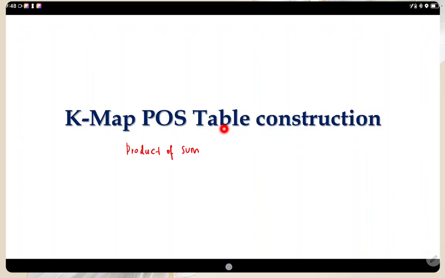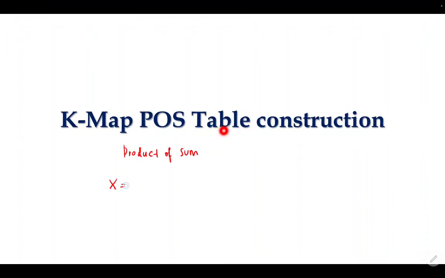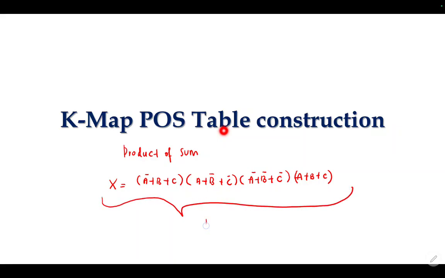So example for product of sum is X equals A bar plus B plus C, times A plus B bar plus C bar, times A plus B bar plus C bar, times A plus B plus C. So this is example for POS expression.